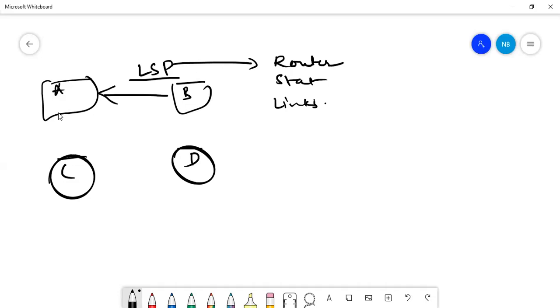It will be sent to its neighbor, and A will get the information.